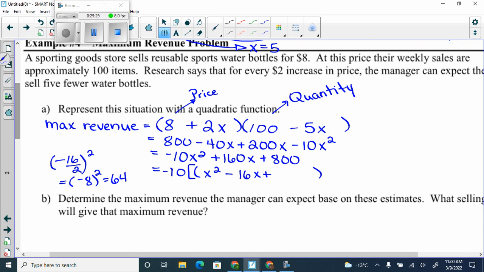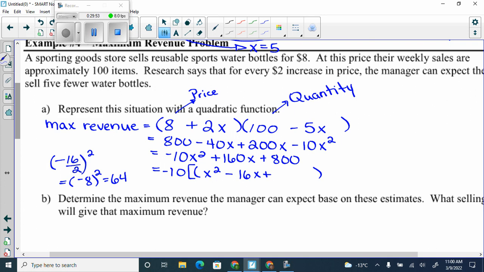This is just the standard form for this vertex form. They're all the same thing. So if I type this first bracket one in, and then this one in, and then this one into y3, and this one into y4, the graph would be the exact same graph over and over because they equal each other. Do you see that? That's why we have equal signs, because they're the exact same, just written differently. Does that make sense? Okay.